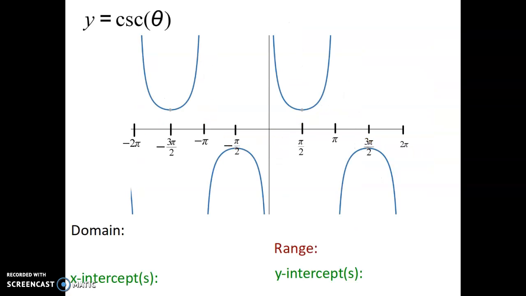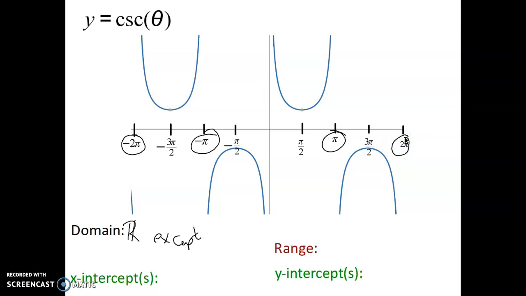Okay, so let's look at domain and range, just like we did before. Well, domain, I've got the same thing. It goes on and on forever from left to right, so all real numbers, except I've got all those asymptotes I have to take away. Well, this time the asymptotes have shifted over.